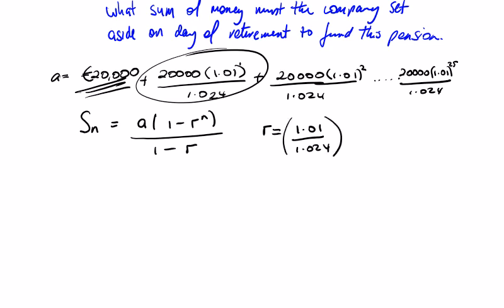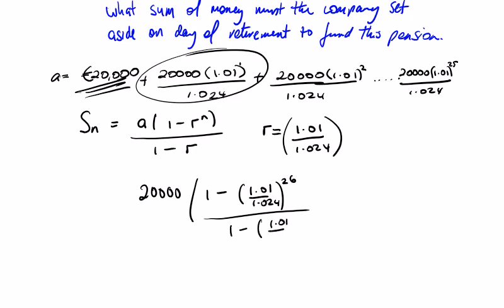So this is my common ratio. So this is just calculator use when you know how to set it up. 20,000 by 1 minus 1.01 over 1.024 to the power of 26, because it's 26 payments, be careful, over 1 minus 1.01 over 1.024.